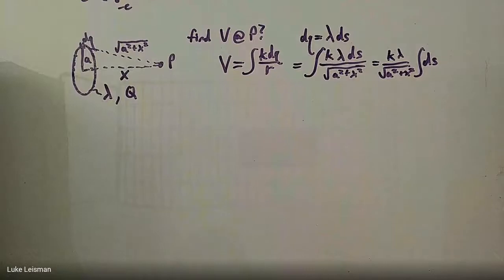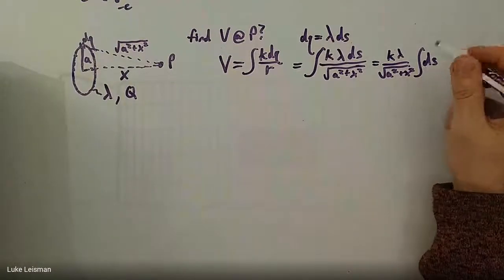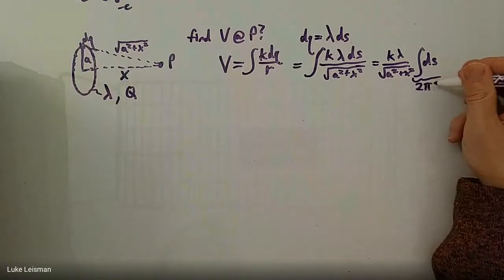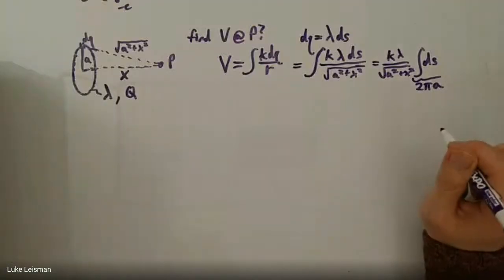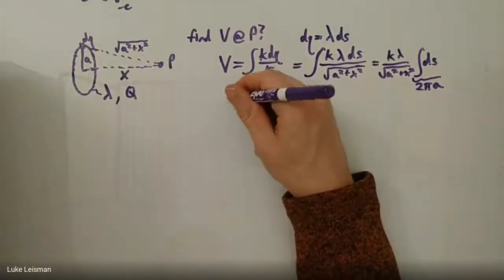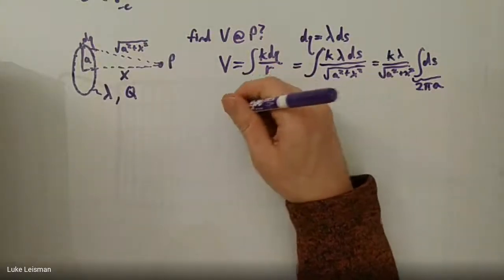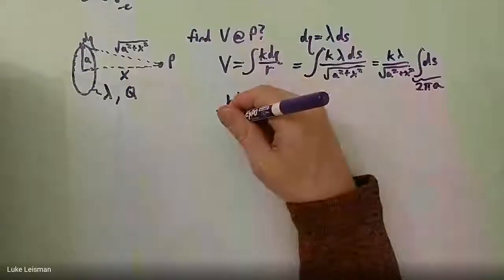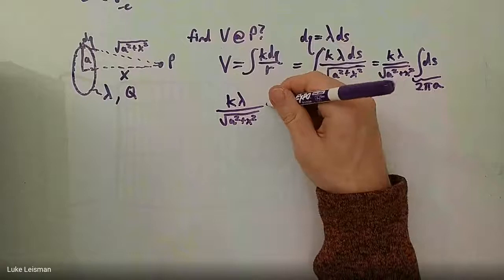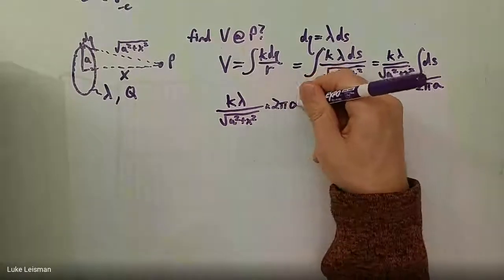And the integral over ds, well, that's the whole path around. That's 2 times pi times a. And so we can now write this as k times lambda over the square root of a squared plus x squared, times 2 pi a.